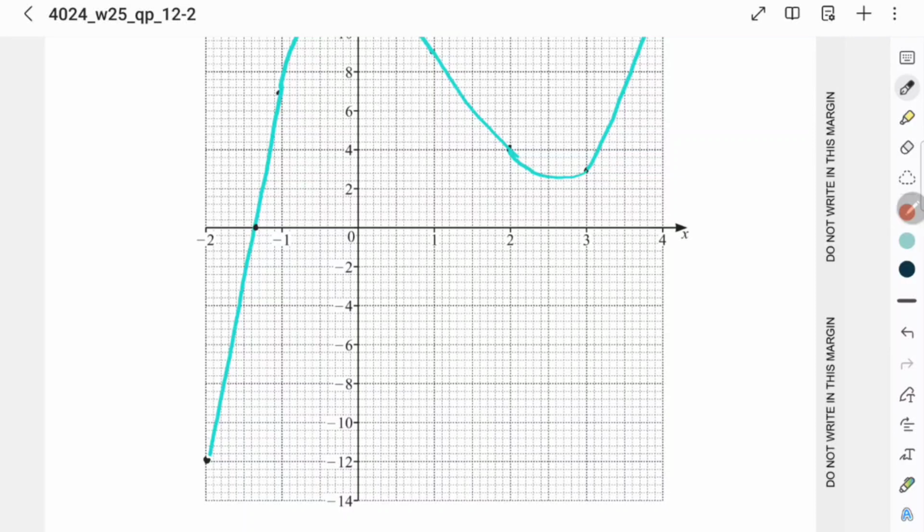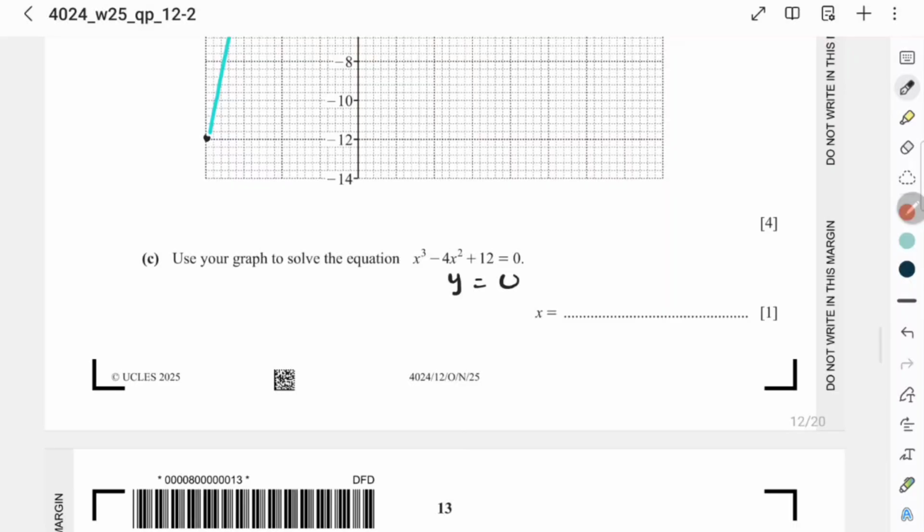So that is here, minus 1 point something, equal to minus 1.4. Okay, so that is the answer, minus 1.4. Your range in this question is minus 1.3 to minus 1.7. You can check your answer as well.